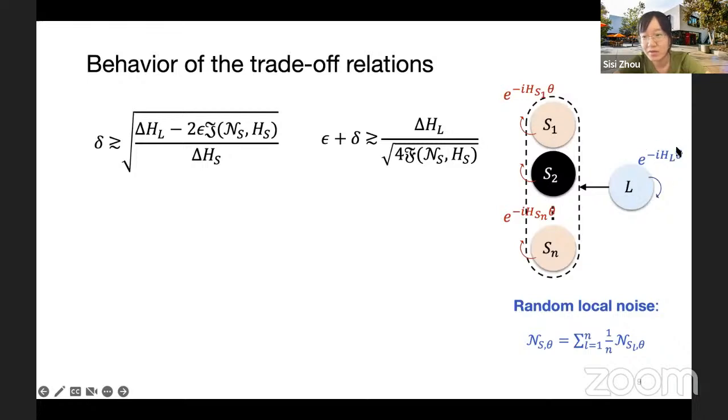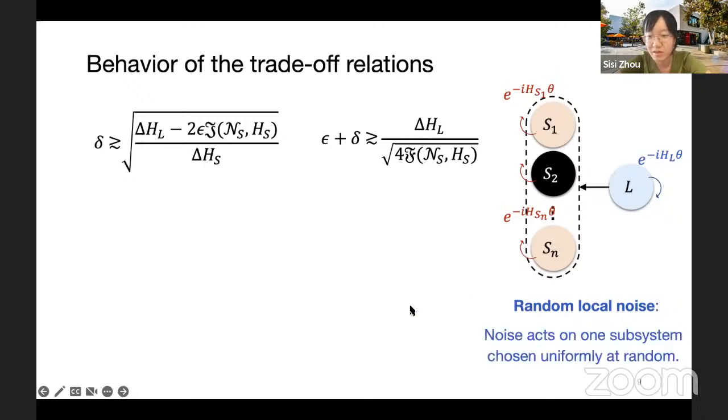We assume the Hamiltonian is the tensor product of each Hamiltonian evolution on each system, basically like a transversal gate. And we assume the noise is a random local noise.